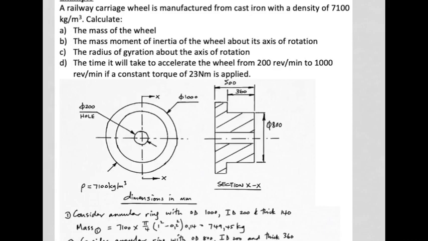Then you were asked to find the time it would take to accelerate the wheel from this angular speed to that angular speed, and the torque of 23 Newton meters was applied constantly throughout that process. So back to torque is I alpha. Remember, that was the torque required to accelerate an object: torque equals I alpha.